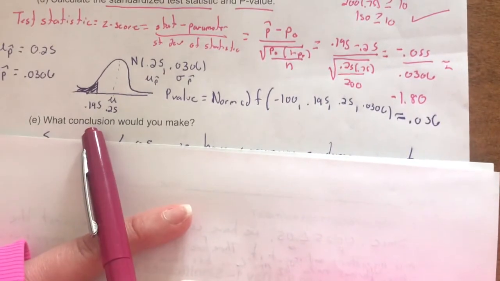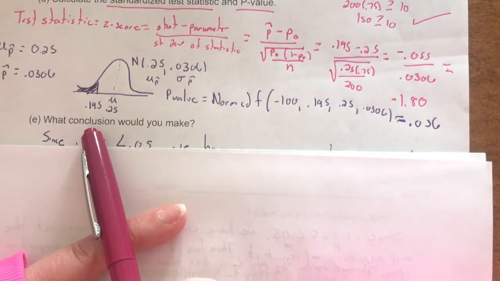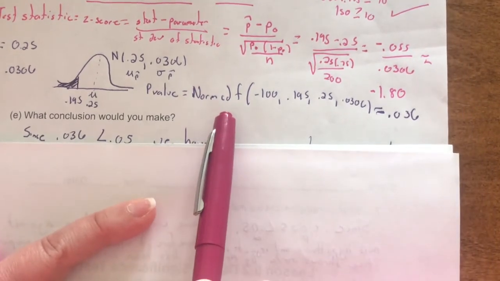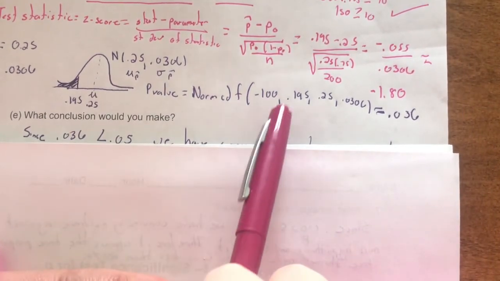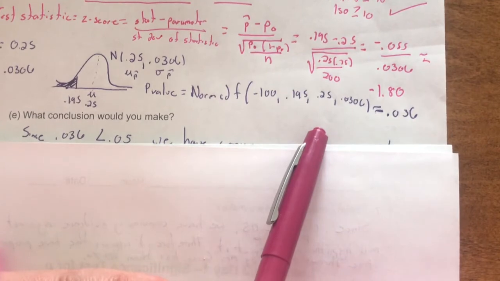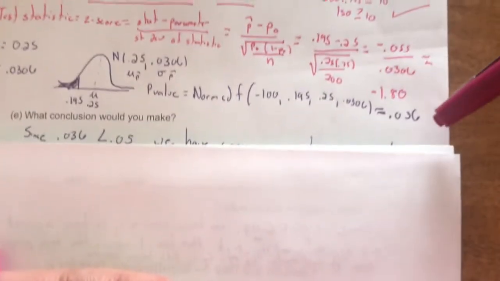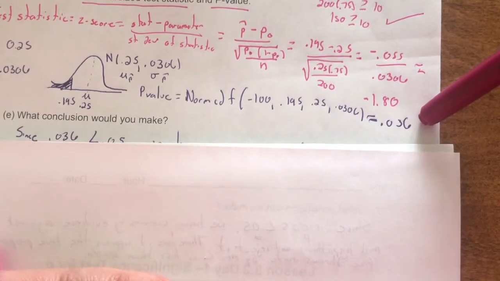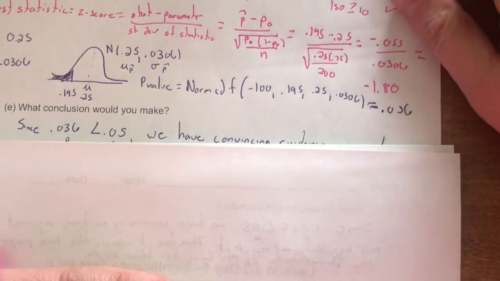So our p-value for our sample data is going to be normal CDF, and since we're going to the left, it's negative 100, 0.195, 0.25, 0.036, so it's approximately 0.036. That should be your p-value, so it's about 3.6%.